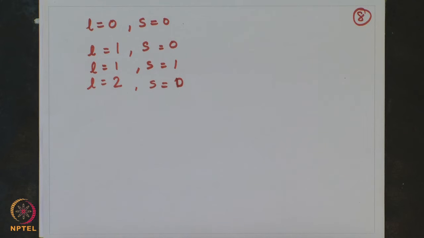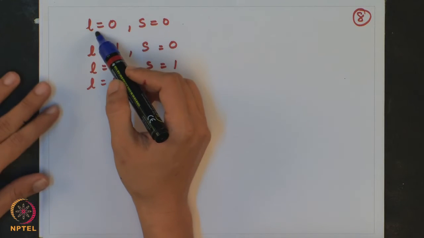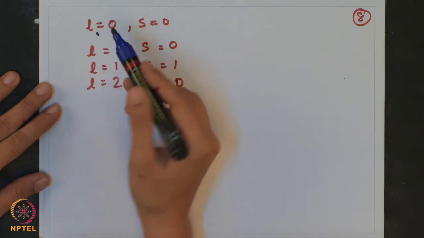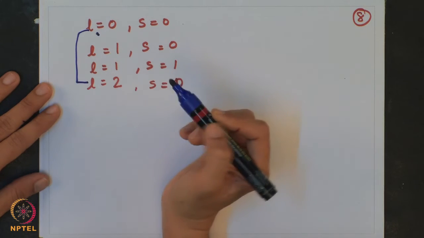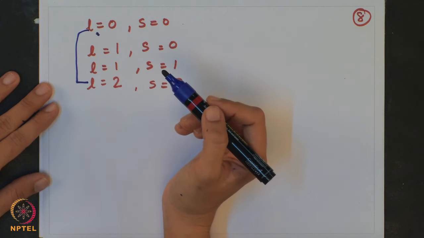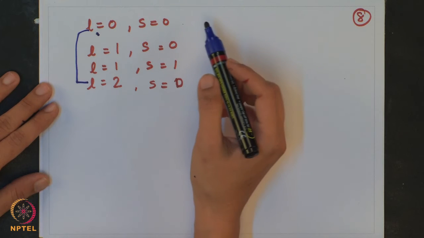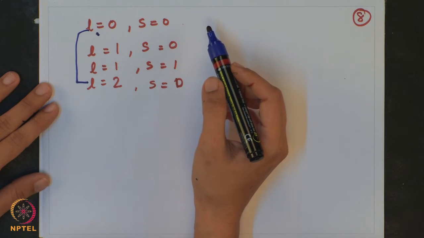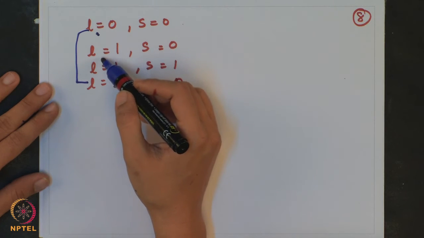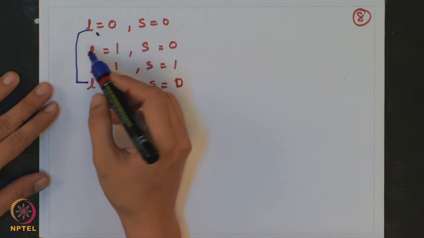Okay. So, out of these combinations, L is equal to 0 and L is equal to 2 are symmetric combinations, and L is equal to 1 is an antisymmetric combination.